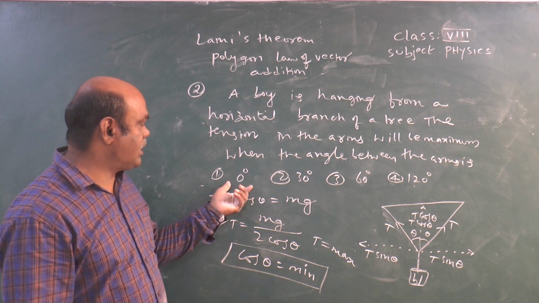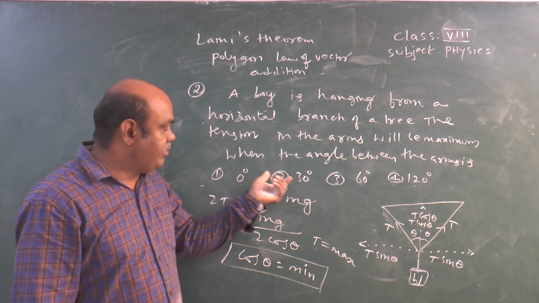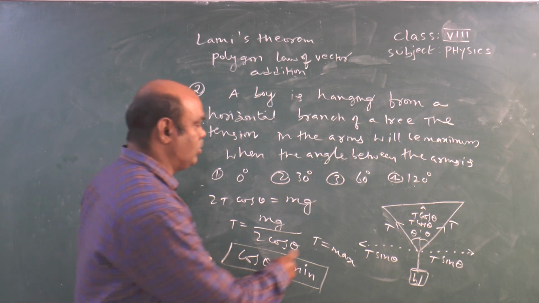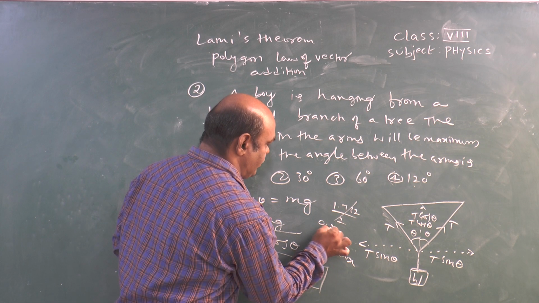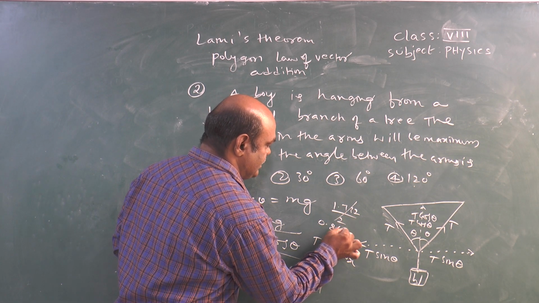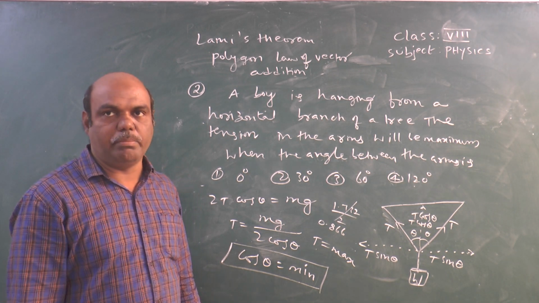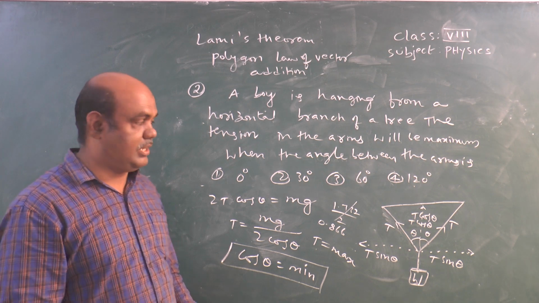If you consider cos 0 degree, it is 1, the maximum value. If you take 30 degree, cos 30 is root 3 by 2, which means 1.732 by 2, 0.866. That is also something better value, not a minimum value, not a maximum value.